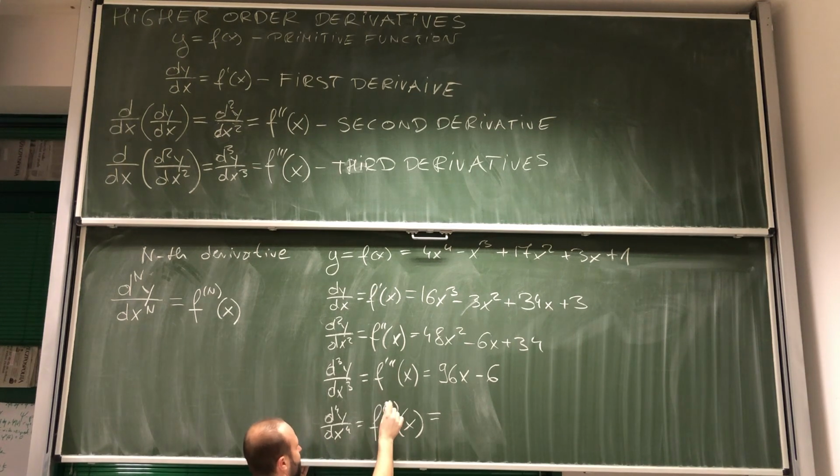But over here, look, instead of writing primes, we're going to simply put 4 in parentheses on the top. It needs to be in parentheses, so we are, for example, not going to confuse it with taking a function to some specific power.